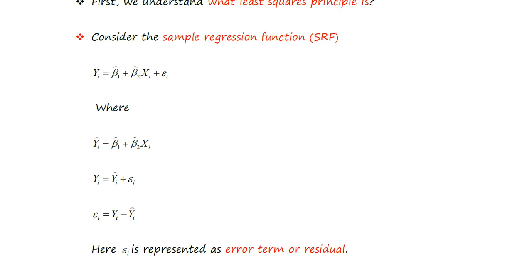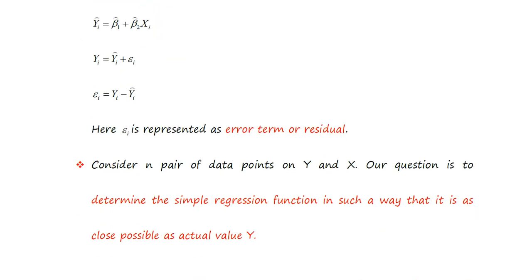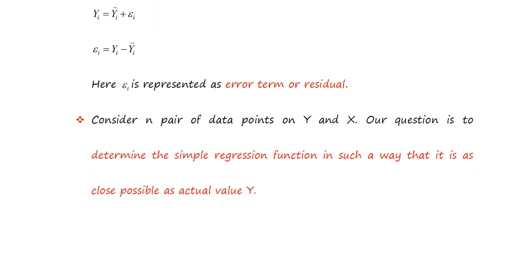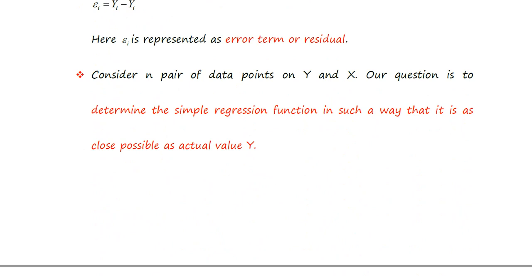Here y cap is equal to beta 1 cap plus beta 2 cap xi. Put this value in the above equation. We have yi is equal to yi cap plus error term, and error is equal to yi minus yi cap.